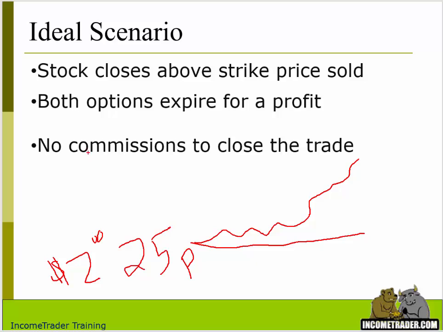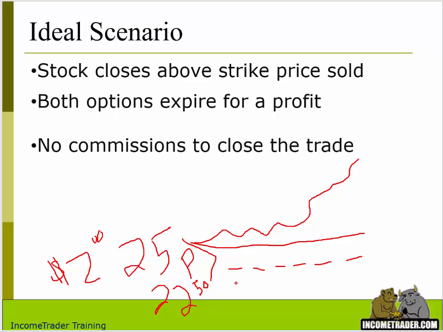Which is fantastic news. Now, keep in mind, we're always going to buy some insurance. Folks, when you're brand new, there's so many things about the market that you may not have learned just yet. So we always want to be safe and buy the next lower strike price for some protection. That way, the only amount of money you have at risk would be the difference between what you sold and what you bought.